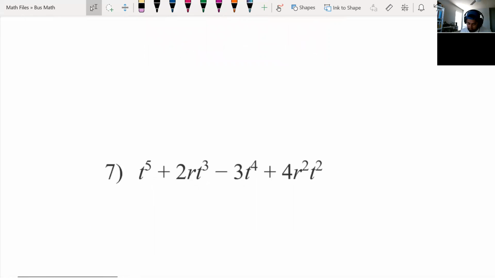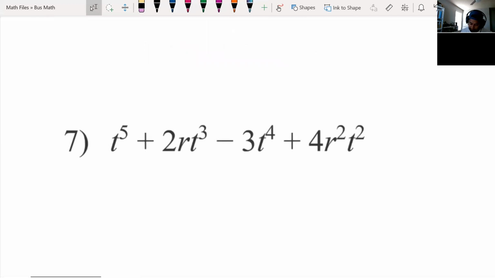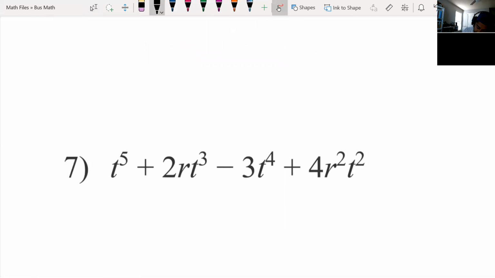Okay. Let's do it again. So if we look at the numbers, again, I'll put a 1 in front. And you have 1, 2, 3, 4. So between those, their only common factor is 1.